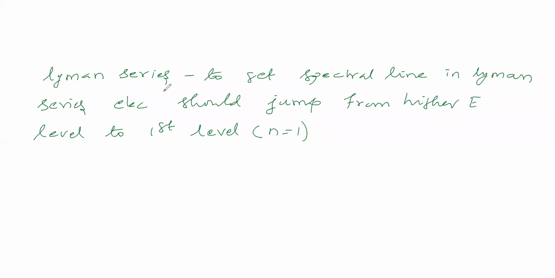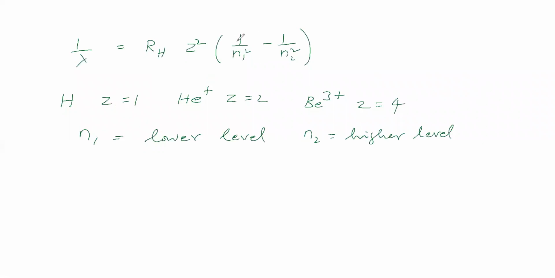It is the Niels Bohr point. This point we have to consider in order to substitute this N1 value. To substitute the N1 value, Niels Bohr gives some points, and as per those points only we substitute it.